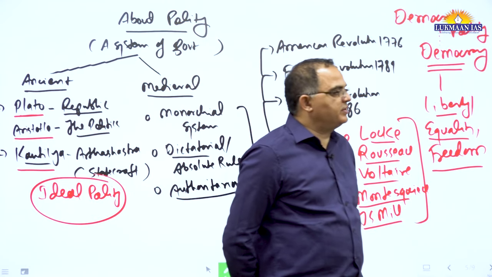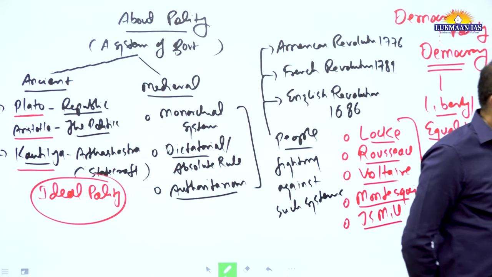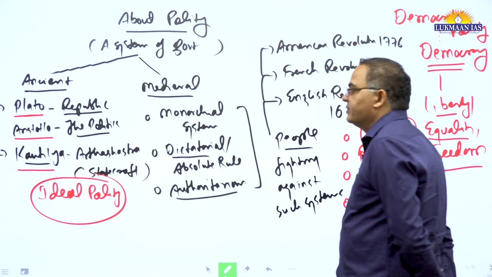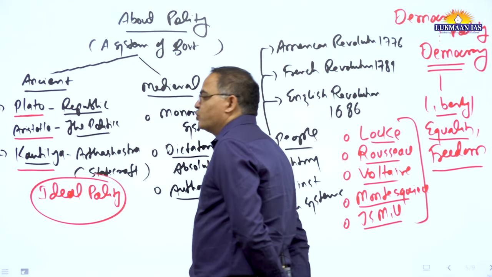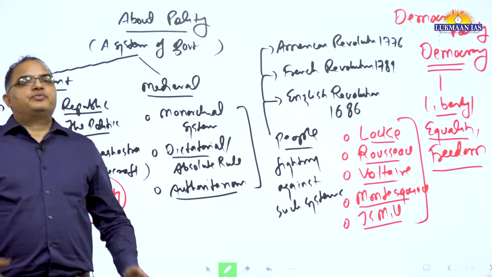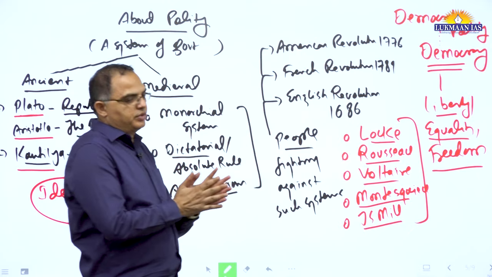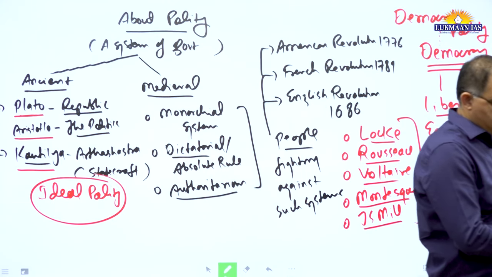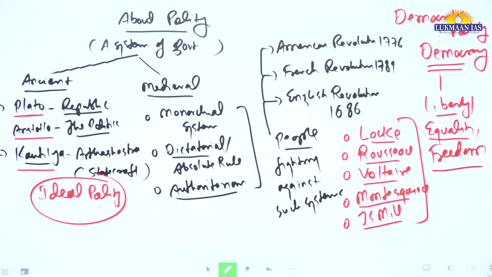In fact, the factors which influence the evolution of democratic polity are as follows.